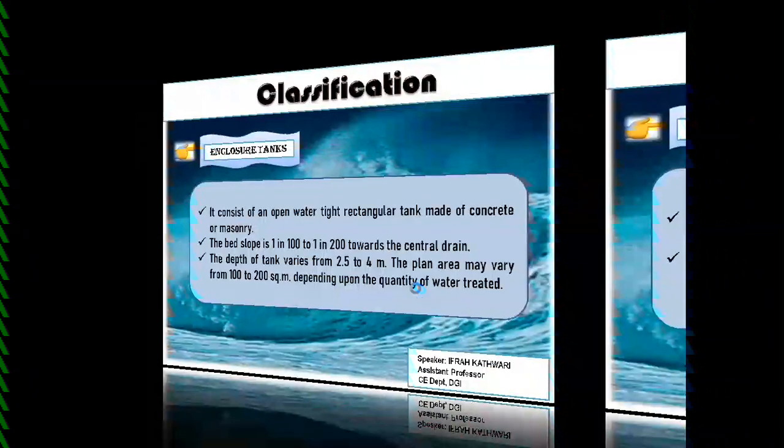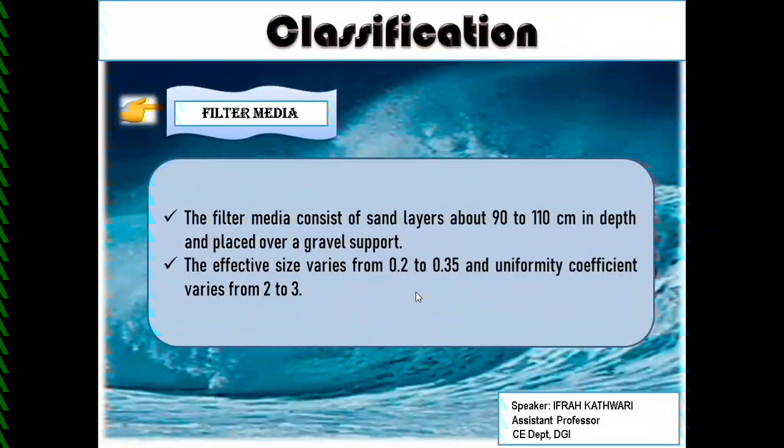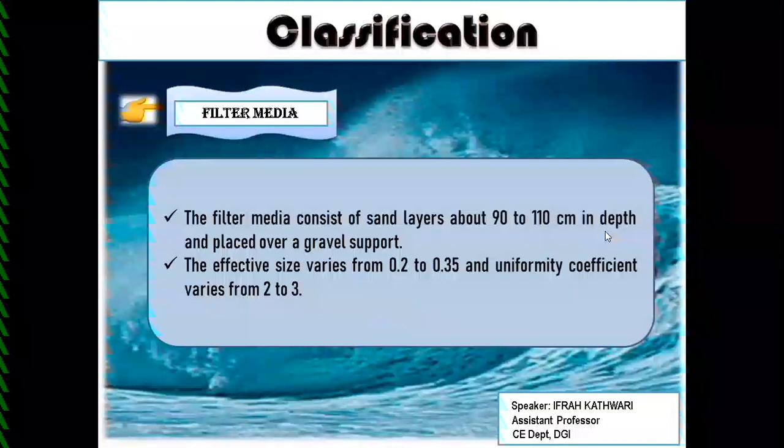Then we have the filter media. As I already told you, it consists of a sand layer and a gravel layer. The sand layer is supported on the gravel layer.